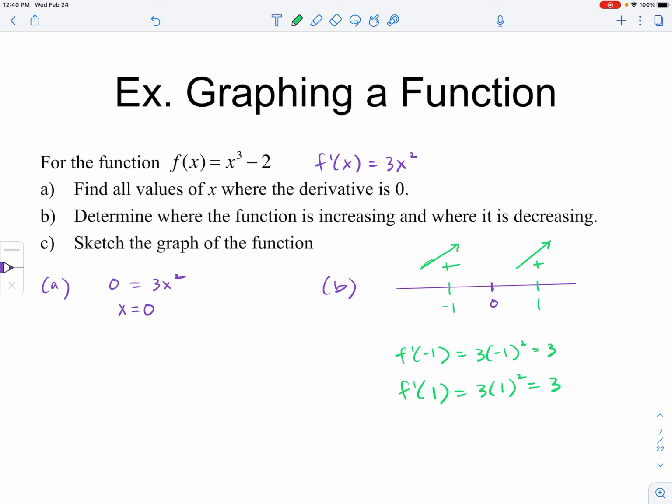Now, there's a horizontal tangent line at x equals 0. But we're determining the open intervals where the function is increasing or decreasing, and you cannot create an open interval around a point. Also, if we think back to our definition of increasing and decreasing from pre-calc, so for increasing, as x is getting larger, y is also getting larger on an open interval. And we think about the function x cubed minus 2.